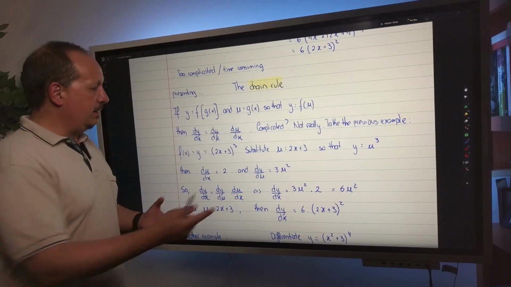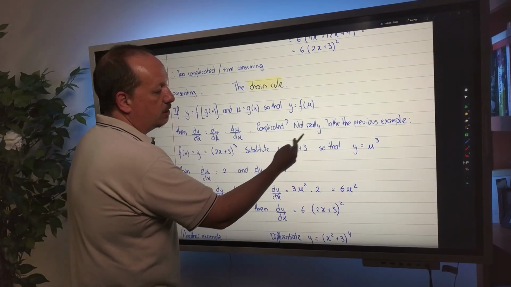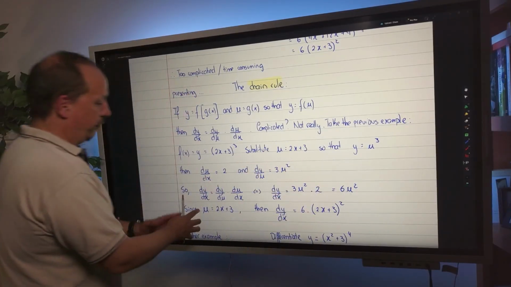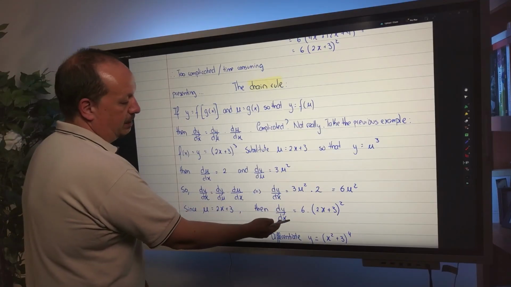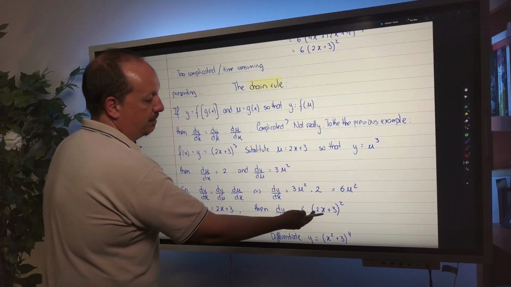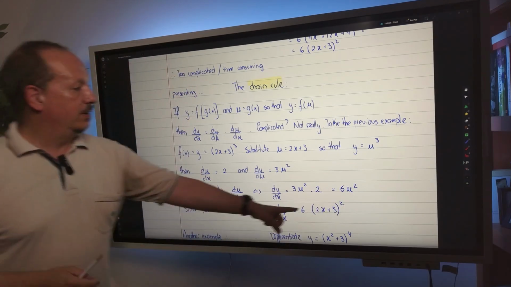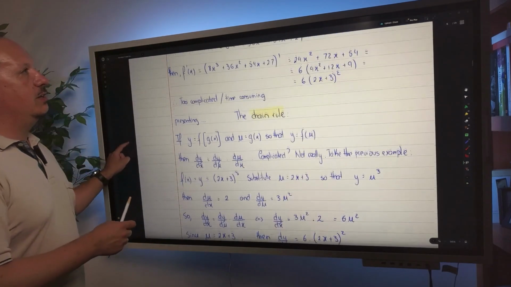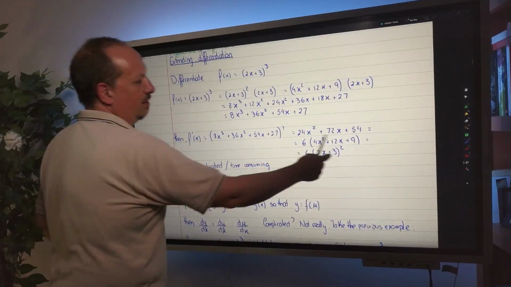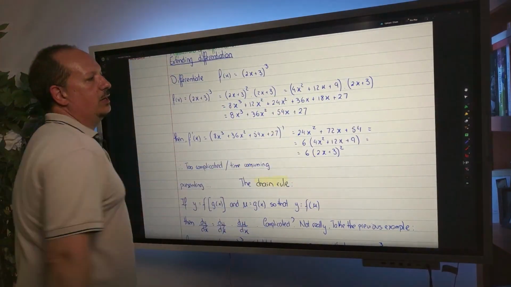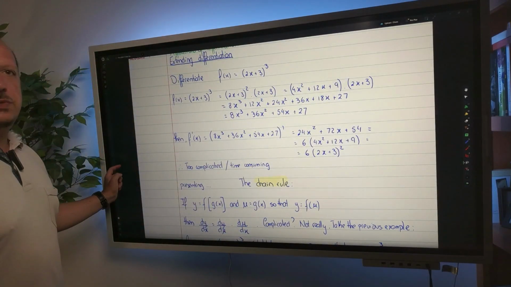What was u again? u was 2x + 3. So the final answer is dy by dx equals 6 times (2x + 3) squared. That's what you would get if you use this very long, complicated, and time-consuming method.